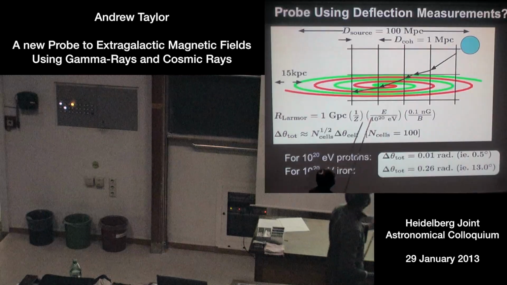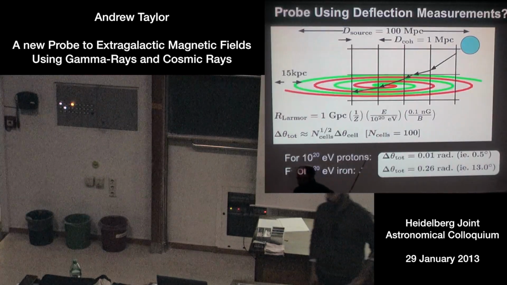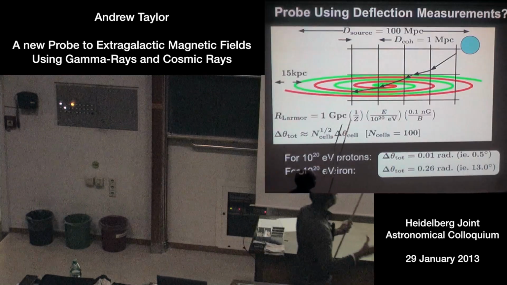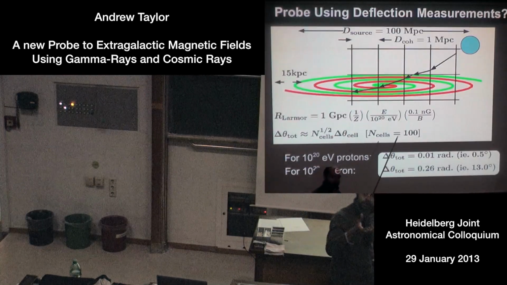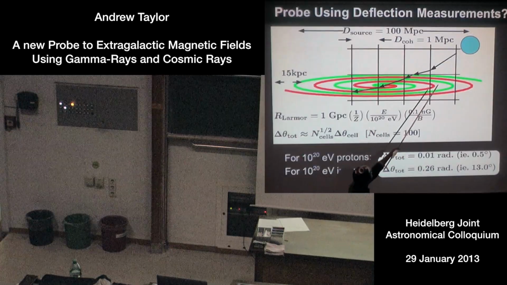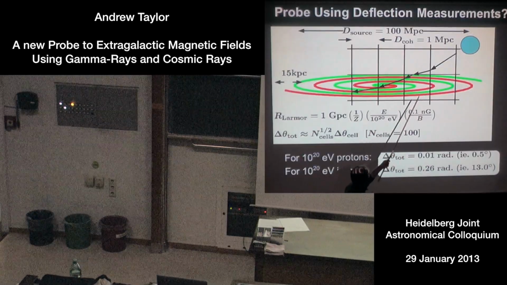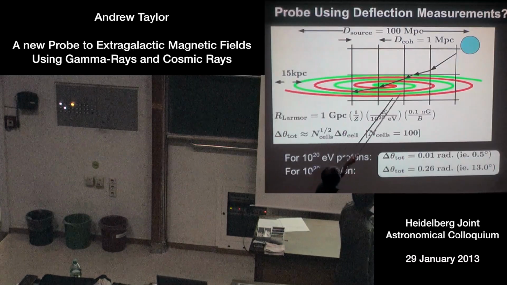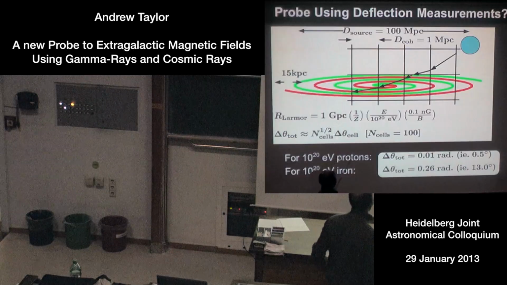We'll have these magnetic patches with coherence lengths of 1 megaparsec. And the magnetic field in each patch is going to be randomly aligned with neighboring patches, such that in its propagation the angles are going to incoherently add, and we're going to get a random-walking angle of the cosmic rays as they propagate from the source to Earth.